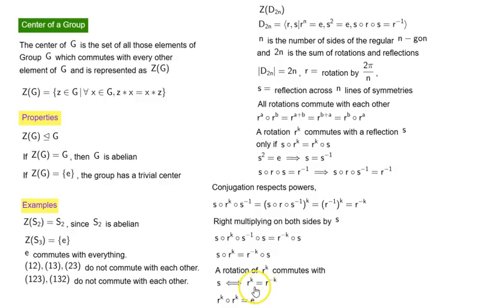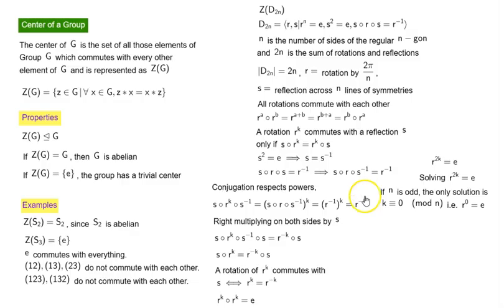Let's bring it to this side by right multiplying by r to the power of k. We get r to the power of k times r to the power of k is equal to r to the power of minus k times r to the power of k, which is e. Now this becomes r to the power of 2k is equal to e. And now we solve r to the power of 2k is equal to e.